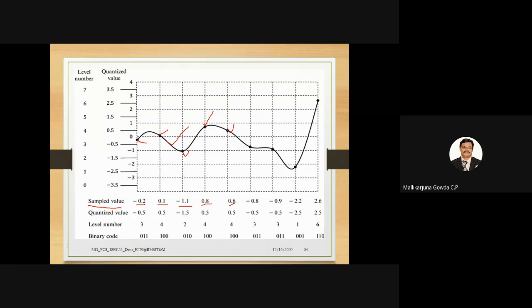Then see, quantized values, I'm saying here, right? The entire peak-to-peak signal has been divided into 8 levels, starting from 0 to 7. So these are the level numbers. Then I represent the amplitude. If I start from here, 0 volts, then 1 volt, 2 volts, 3 volts, 4 volts, which is the peak voltage.